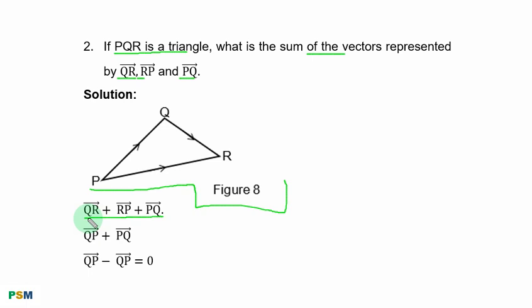Vector QR plus vector RP is equal to vector QP, plus vector PQ. We cannot add at this point, but we can subtract if the two vectors are the same. To achieve that, you simply interchange the position of PQ. You have minus QP. When you subtract, you have 0.